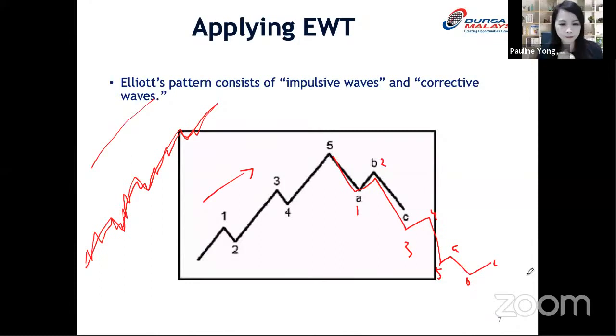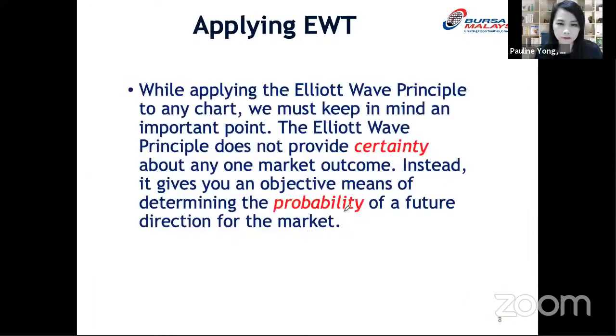Okay. So before we go into the real case, let me touch on some of the principles again. While applying the Elliott wave principle to any chart, we must keep in mind an important point. The Elliott wave principle does not provide certainty about any one market outcome. Instead, it will give you the probability of a future direction of the market.